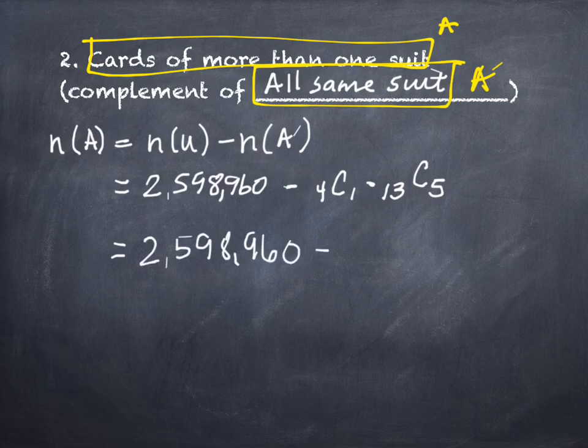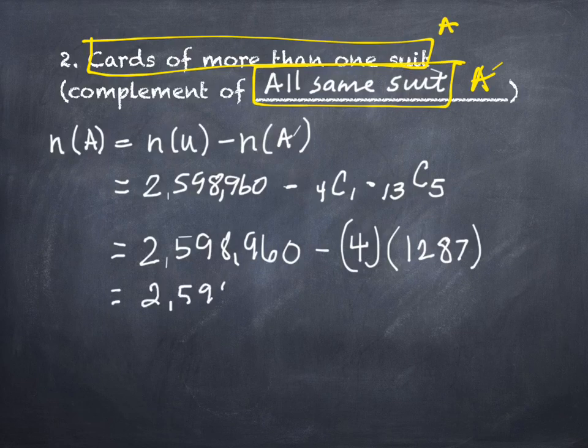But I've got the 2,598,960, and then 4C1 is 4. We've worked through that idea before. And it'd be 4 times 1287? All right. So what is 4 times 1287? It's 5,000 something, right?